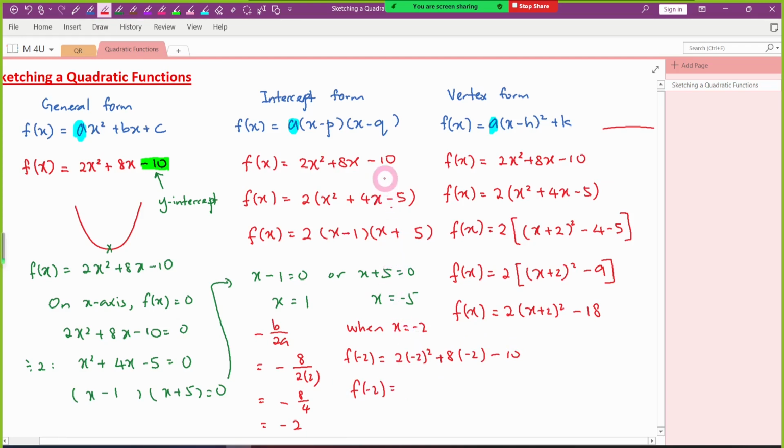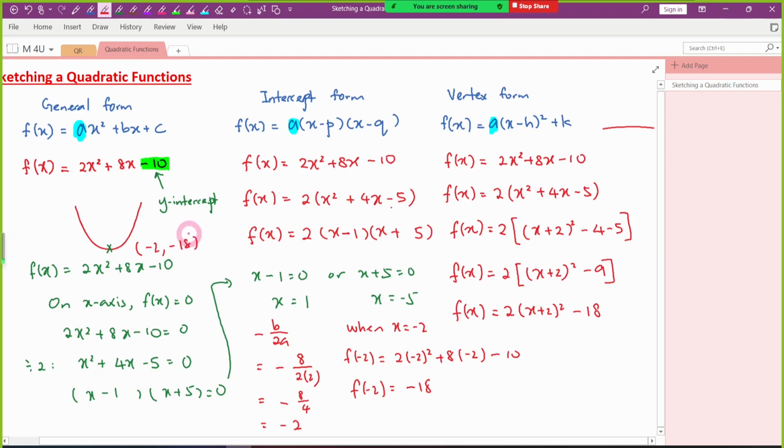Okay, this one you can just press on your calculator. So 2 times 4... Okay, this is -18. Now I know that the minimum point here will be -2, -18.